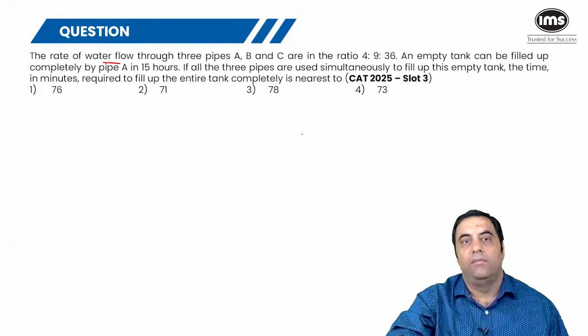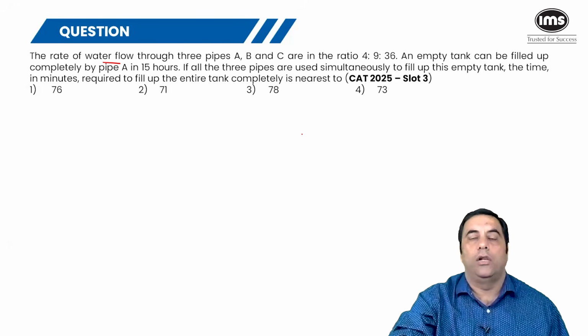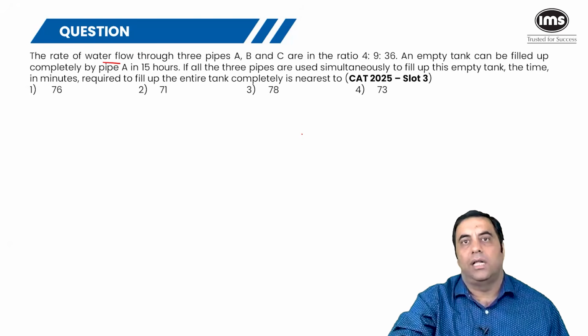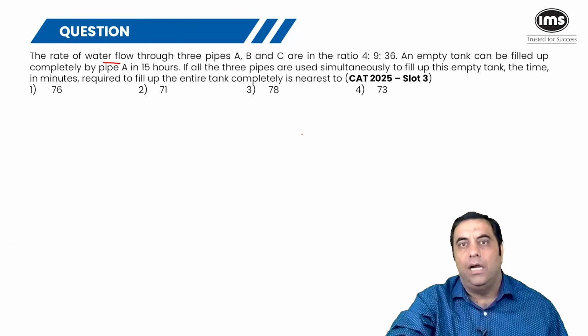Right? So the data is given that A will fill in 15 hours, but the time which we are supposed to calculate has to be calculated in minutes. Now, again, a standard kind of question.